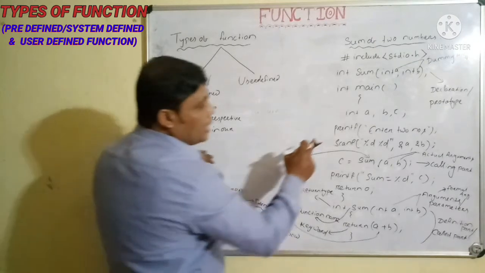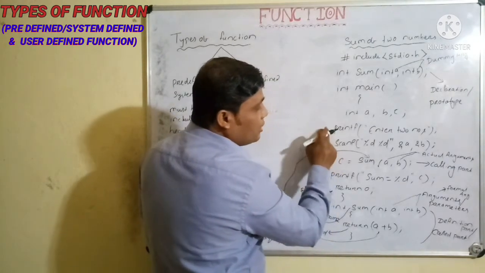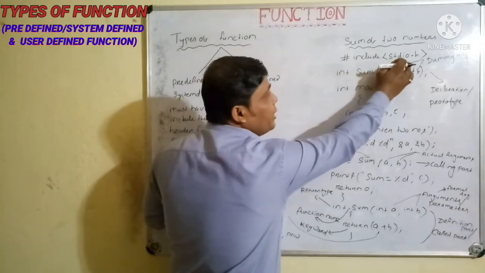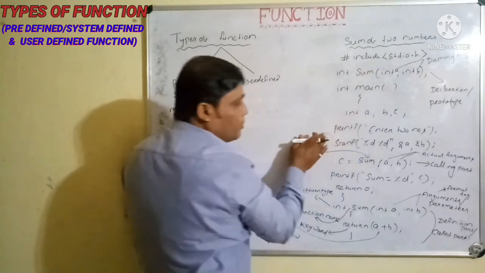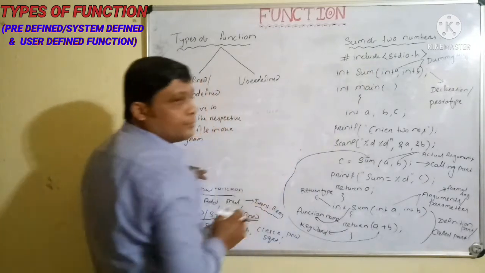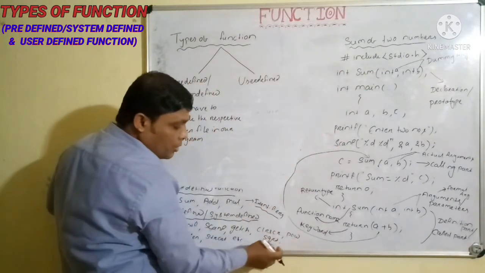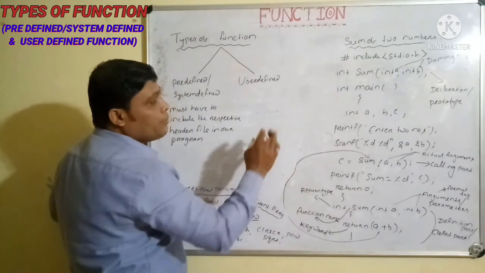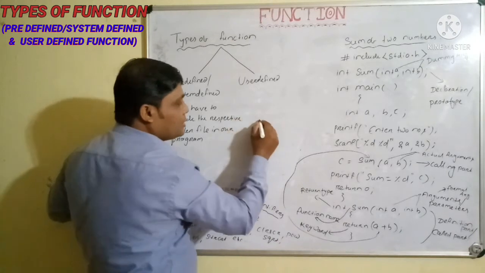Suppose here I am using the predefined functions like printf and scanf. It is defined inside which header file? stdio.h. So before using this, I have to include this header file. Suppose you are using the power function and the sqrt function. Then I have to use math.h.